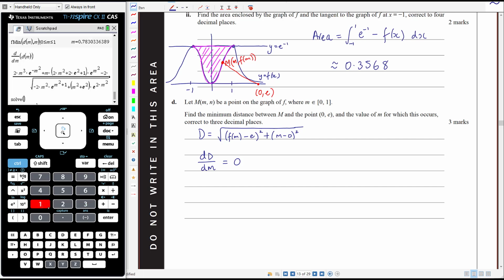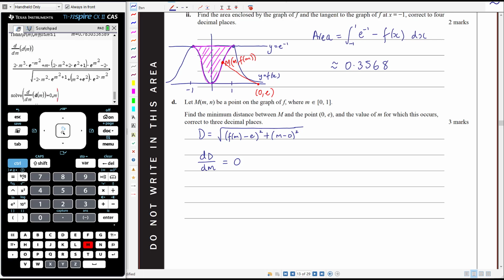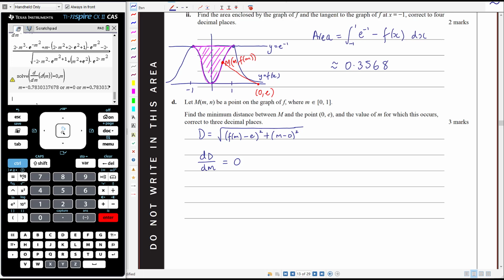We don't need to write that down, but if we solve that derivative equal to 0 for m, now given that m can be between 0 and 1 inclusive, we get 2 solutions: m equals 0 and 0.7830 for m an element of 0 to 1. And we already know this because we did function minimum.